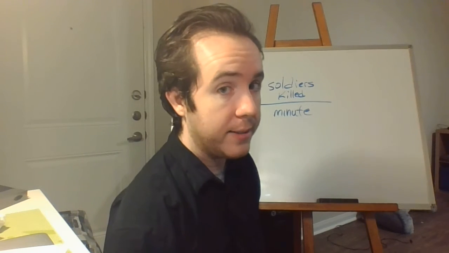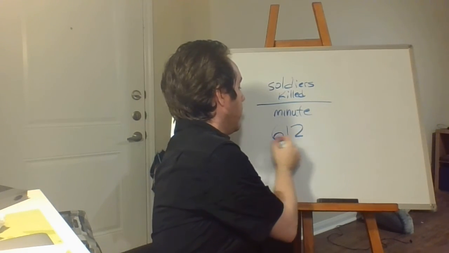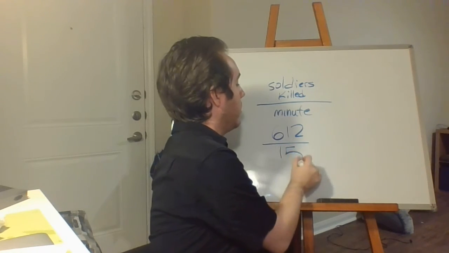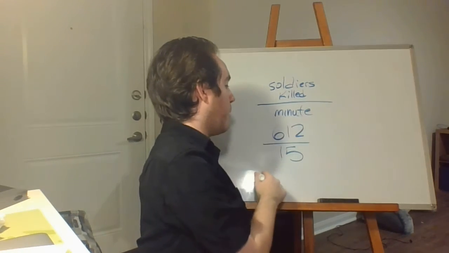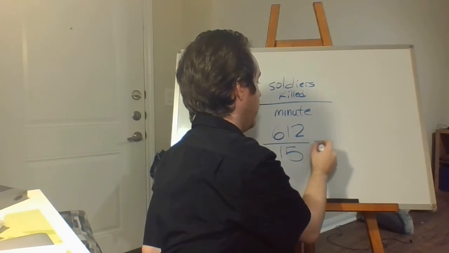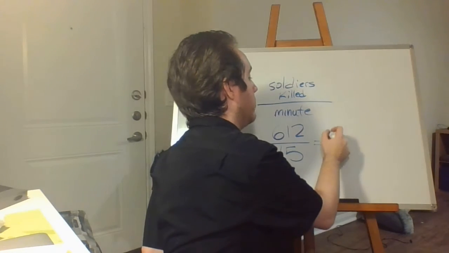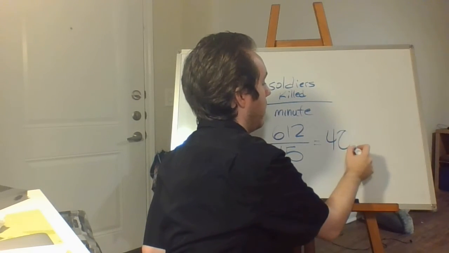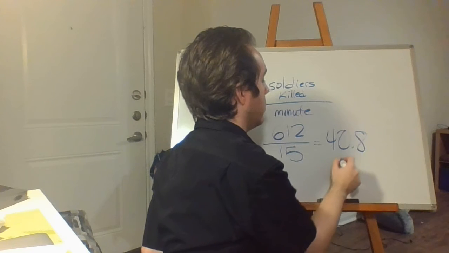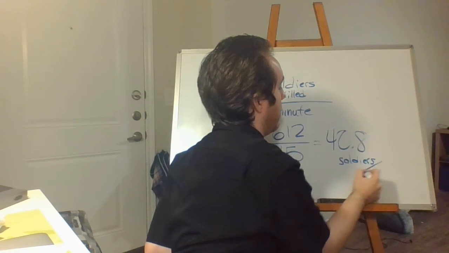And we know that is equal to 612 divided by 15. It's that many killed per minute. And there were 15 minutes. So you divide it, punch it in your calculator, and you'll get an answer of 40.8. So 40.8 soldiers per minute.